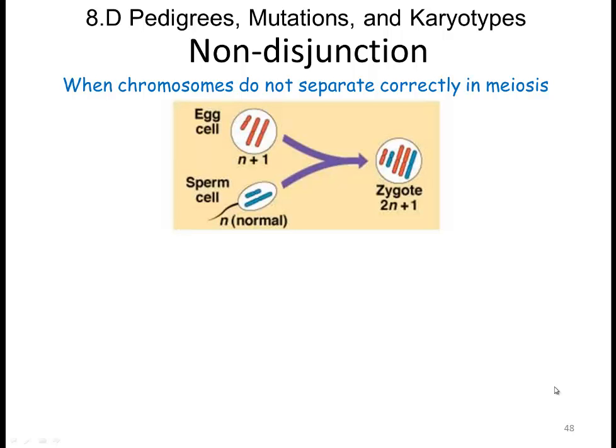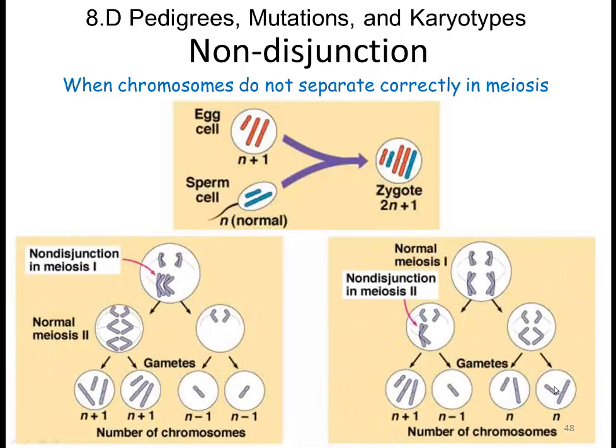When chromosomes do not separate correctly in meiosis, you can see a non-disjunction. We have 3 in this one and 1 in this one, not good. And then we have a normal one where everybody looks the same, except that we get a non-disjunction right there.